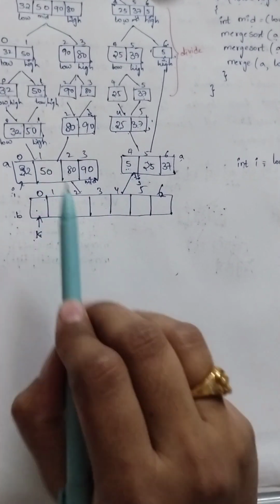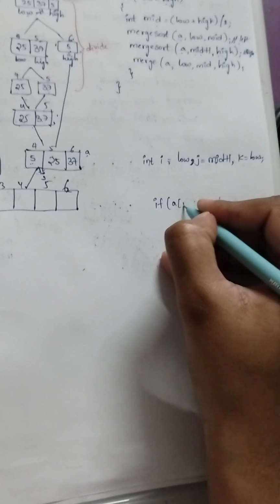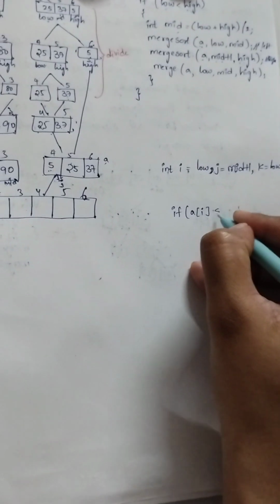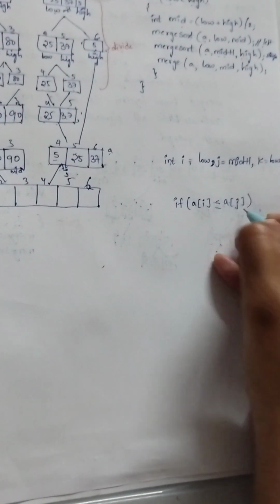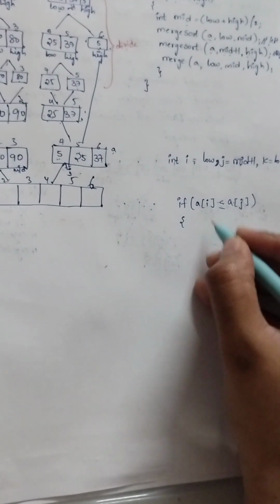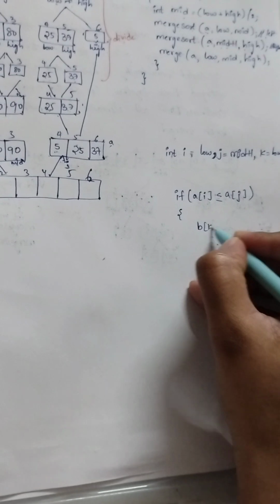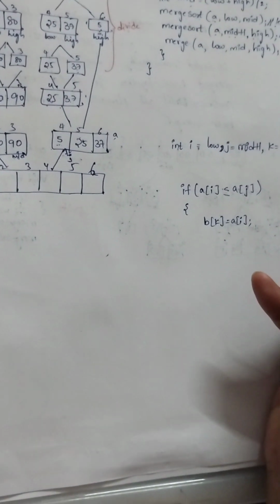Copy that smaller value into the B of K. The first condition will be like if A of I is less than or equal to A of J, then what we need to do? Copy this smaller element into the B of K. So B of K is equal to A of I, right?